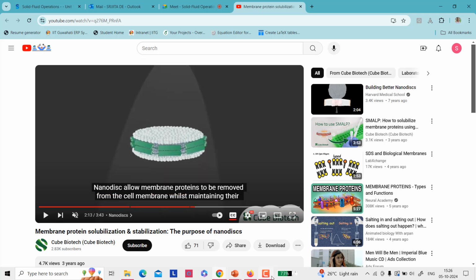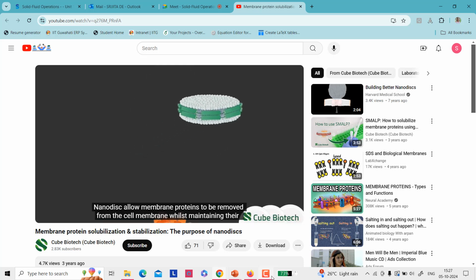Okay, now what is the improved strategy of the nanodisc? We will learn here. Nanodiscs allow membrane proteins to be removed from the cell membrane whilst maintaining their original physiological properties.